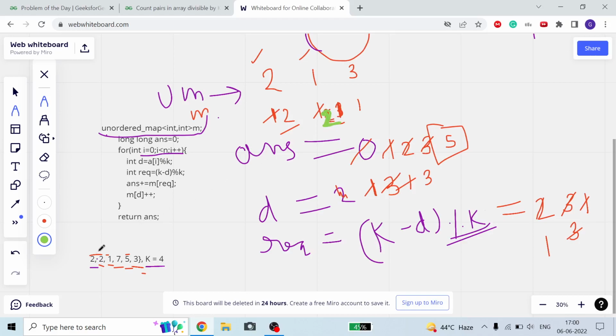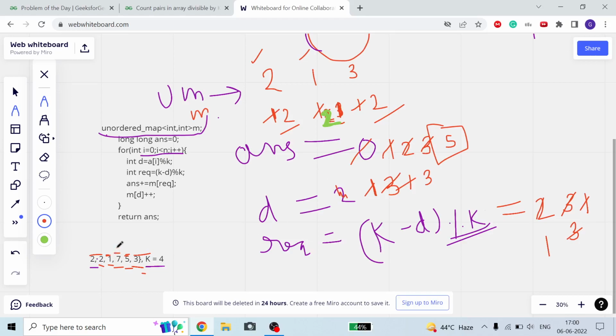So we are declaring md, d is 3, 4 minus 3, so it will become 1. So we have two numbers whose remainder is 1, and we have two numbers whose remainder is 3, that is 3 and 7. This is how we will compute. This is a mathematical problem, just a simple mathematical problem.